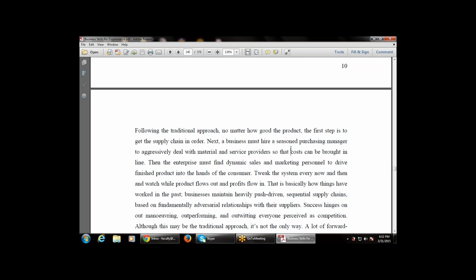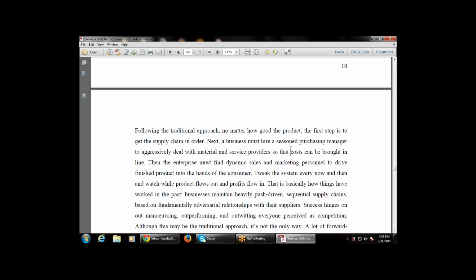Next, a business must hire a seasoned purchasing manager to aggressively deal with material and service providers so that cost can be brought in line. Then the enterprise must find dynamic sales and marketing personnel to drive the finished product into the hands of the customer. So in the traditional approach, no matter what the product is, the first step is to create the supply chain.